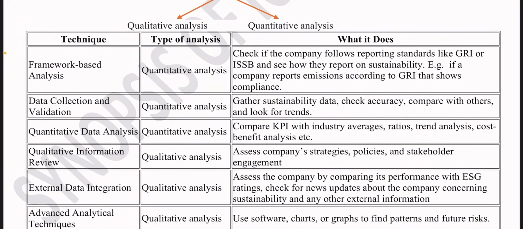So that's framework-based analysis. In summary, it is a quantitative analysis that basically covers you assessing a sustainability report using standards like the GRI standard or the ISSB standards to see if they are complying.